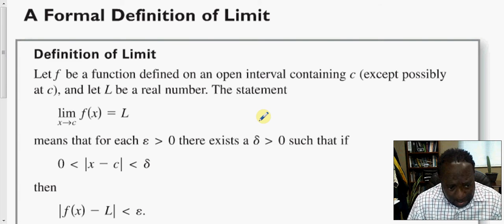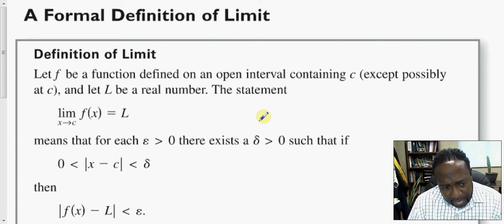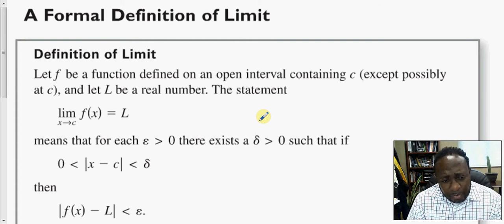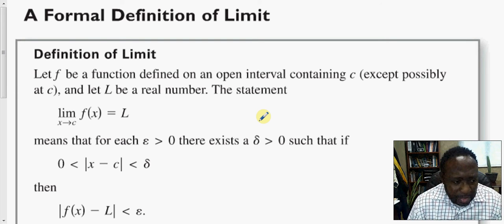And we said that L, capital L, is some real number. So for the statement that the limit of f of x as x approaches c is equal to L means that for each epsilon positive, there exists a delta positive such that if 0 is less than the absolute value of x minus c less than delta, then we can find a suitable bound for the function and its limit, and we say that this bound is epsilon.